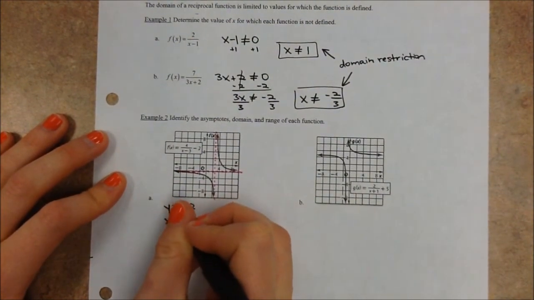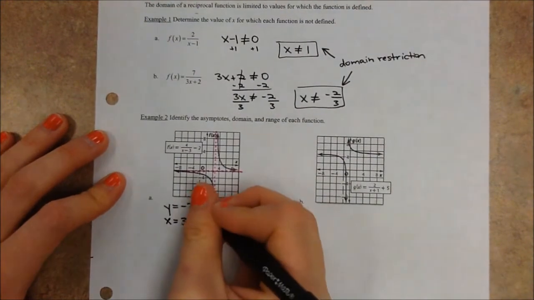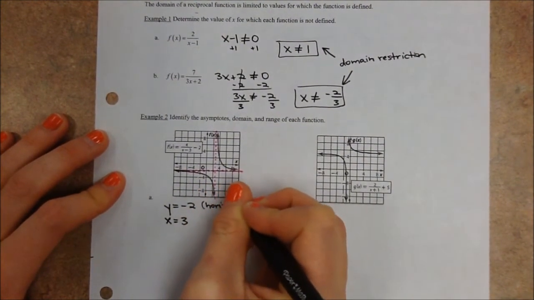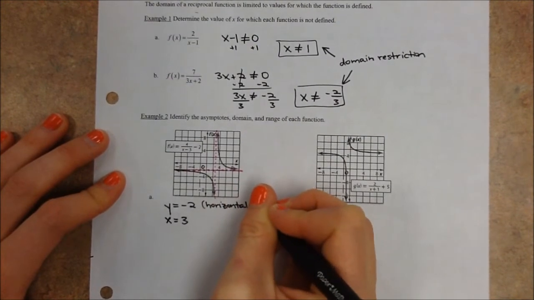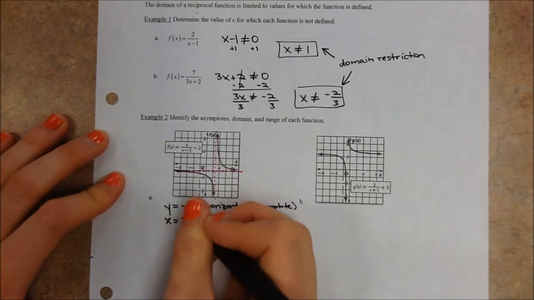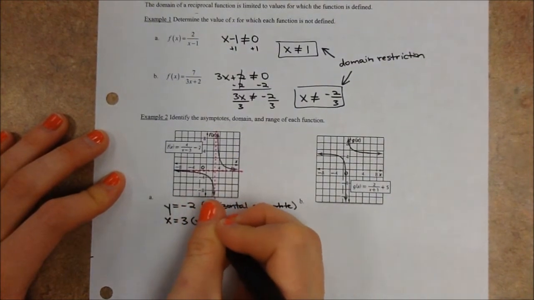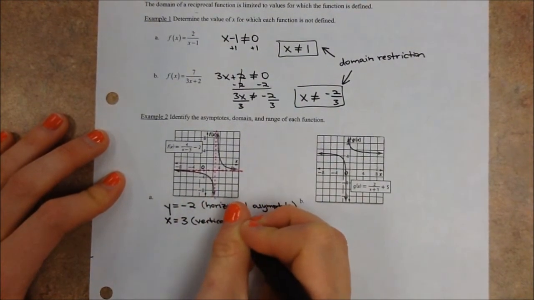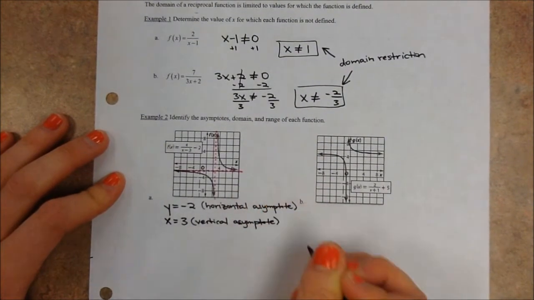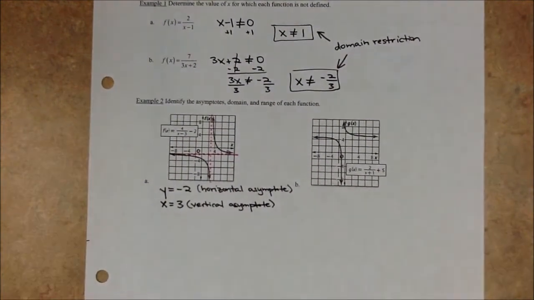So x equals 3, that is my vertical asymptote. I'm going to write those things actually, just so we know those vocab words. Okay, a horizontal asymptote and a vertical asymptote are my lines, and I sketch those in there.